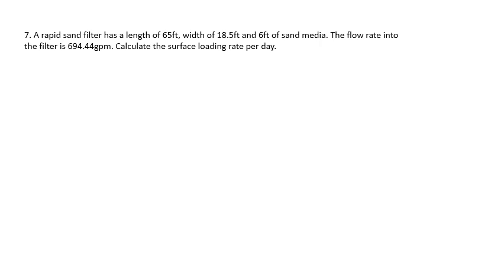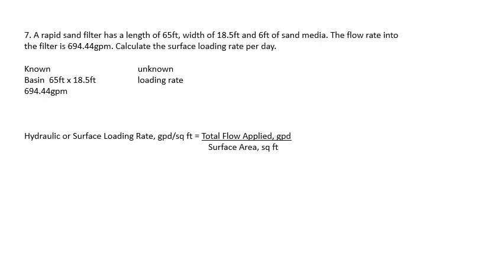Question number 7. A rapid sand filter has a length of 65 feet, a width of 18.5 feet, and 6 foot of sand media. The flow rate into the filter is 694.44 gallons per minute. Calculate the surface loading rate per day.